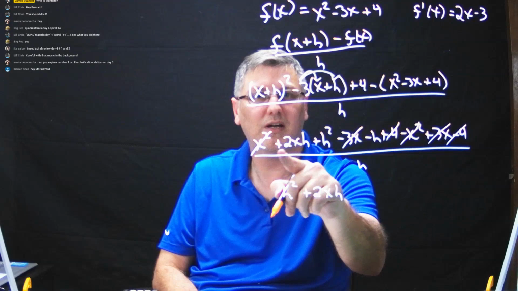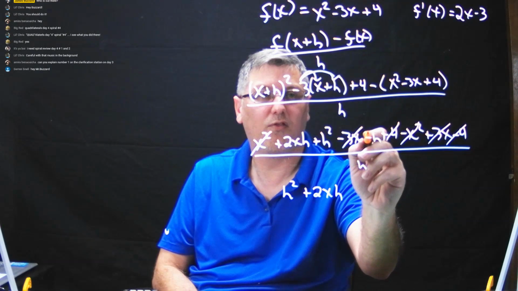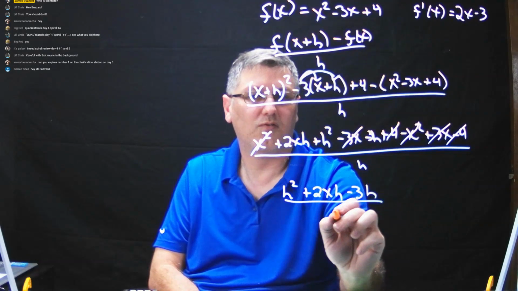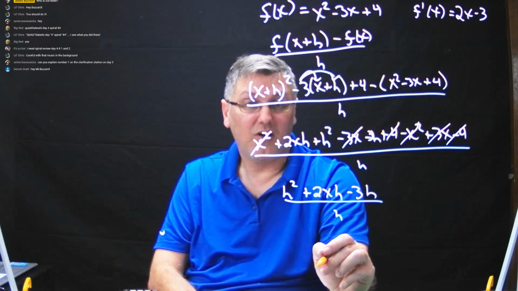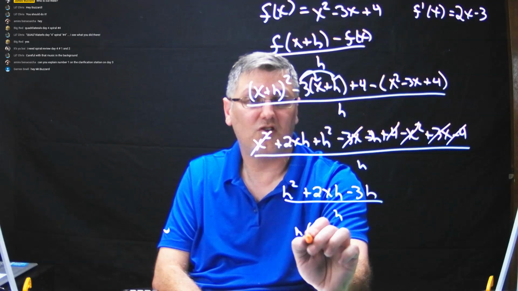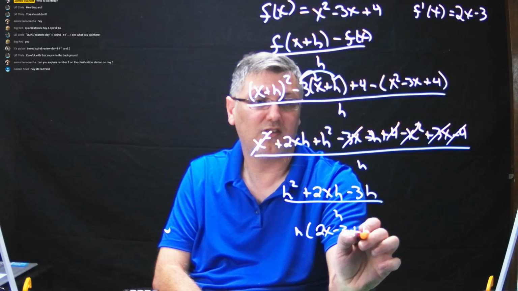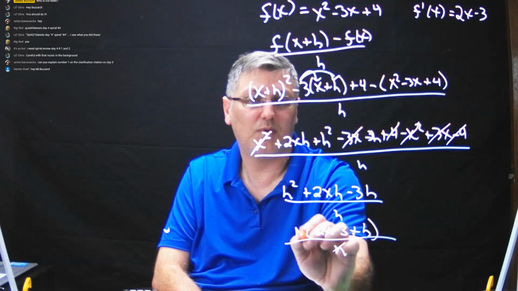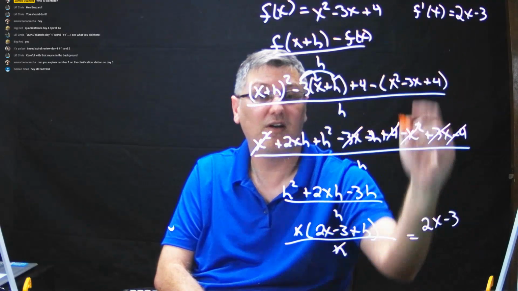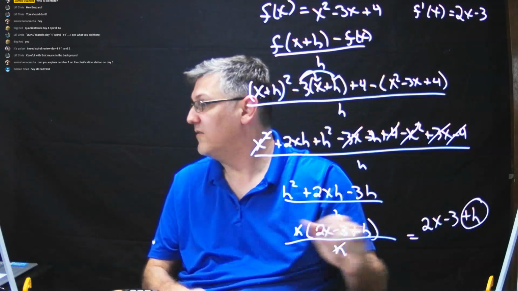So this should be a negative 3x and a negative 3h. So minus 3h all over h. These all have a GCF on top, and I'm going to have h over, let's do 2x minus 3 plus h, all over h. My h's cancel, which gives me an answer of 2x minus 3, which is what I have here, plus h. The calculus part gets rid of that h.